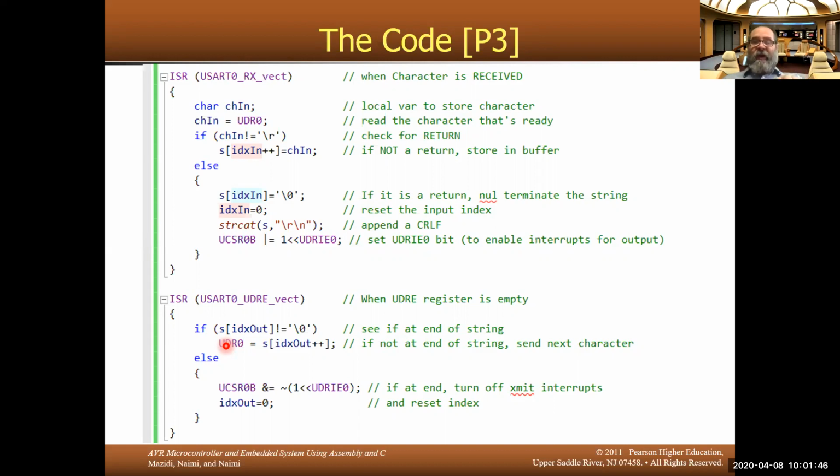And it begins to transmit that character out 1 bit at a time. The data register can now have something else put into it. So as soon as I return from this interrupt service routine, that DRE flag is going to get set to 1 again. This interrupt service routine is going to get called immediately again.